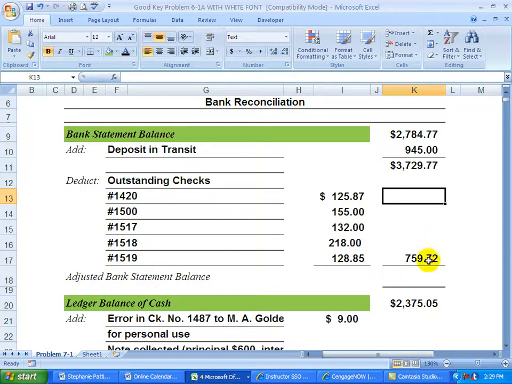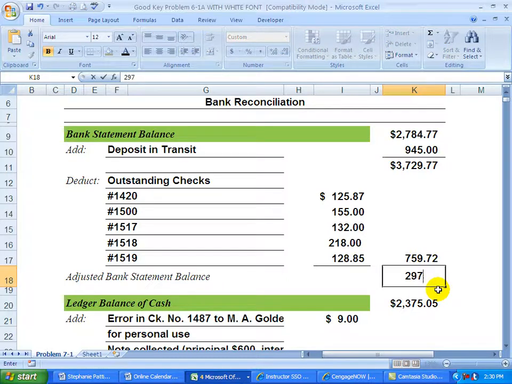The checks that we've written will decrease what the bank says that we have. So we're going to subtract $759.72 from $3729.77. When we do that, we're going to get $2,970.05.